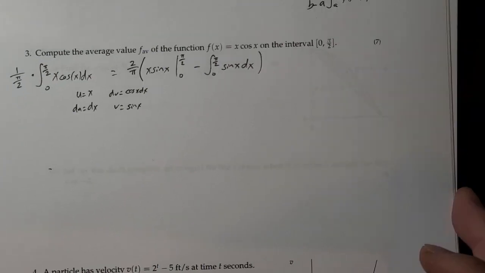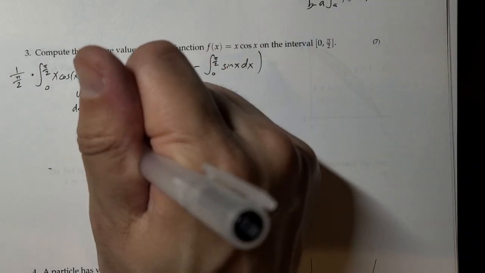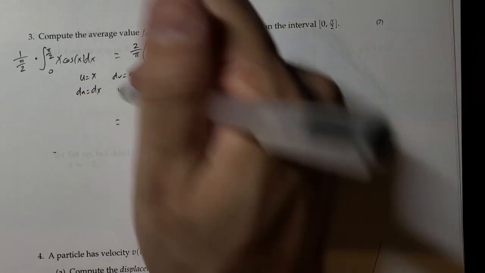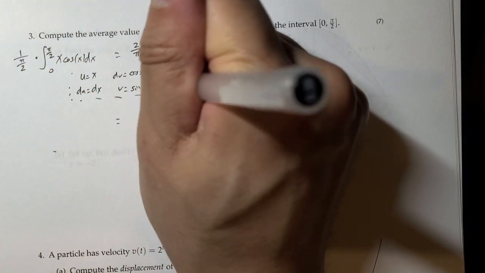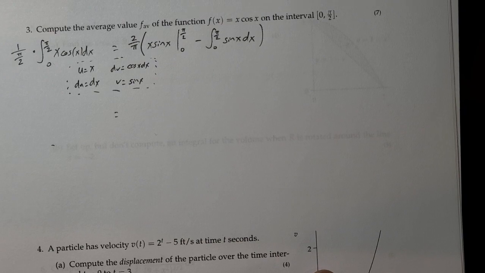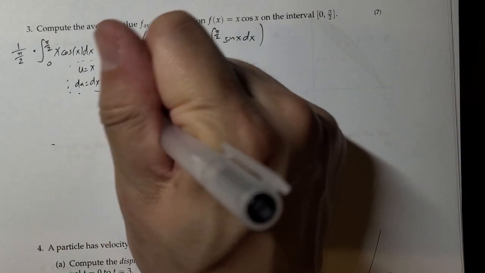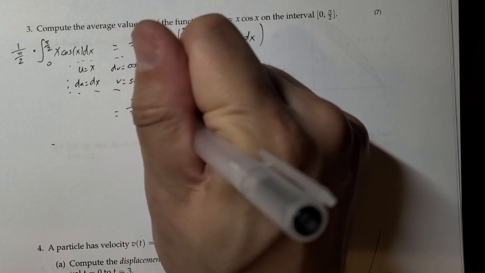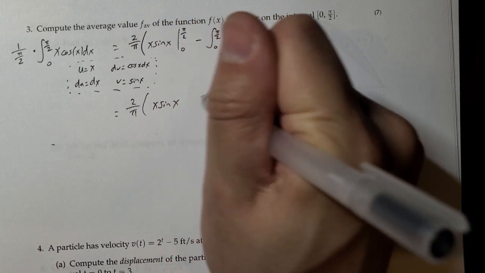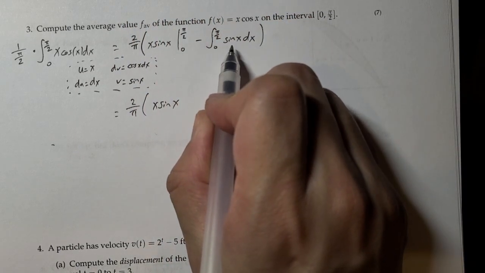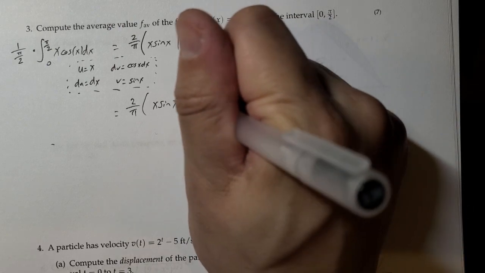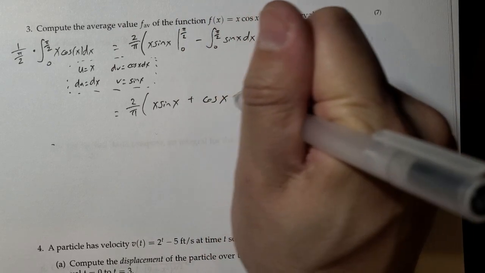Let me box that. So we have 2 over pi times x sine x. The integral of sine is minus cosine, so it becomes plus cosine x.